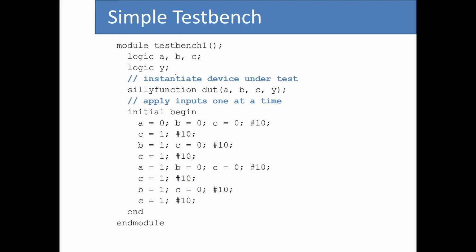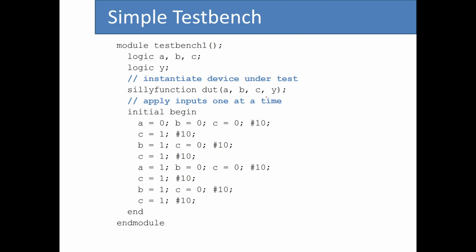What we do is create an instance of the silly function and call it the device under test, or DUT. So we have silly function space DUT A, B, C, and Y. This line creates one instance of the silly function and assigns the inputs and outputs in this format.